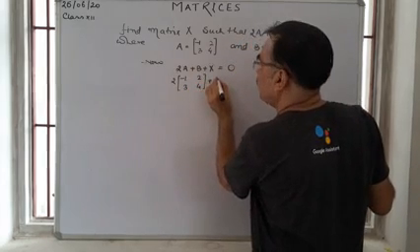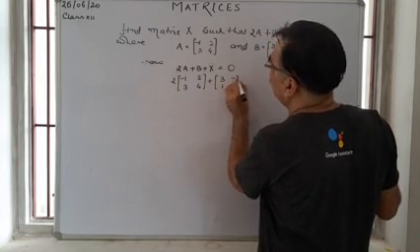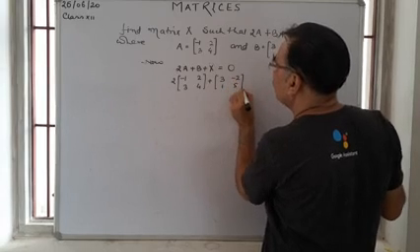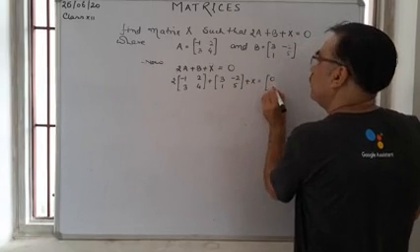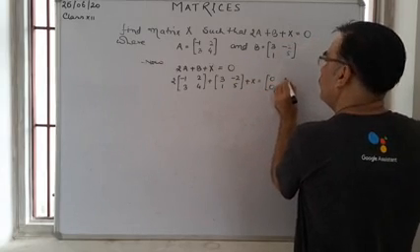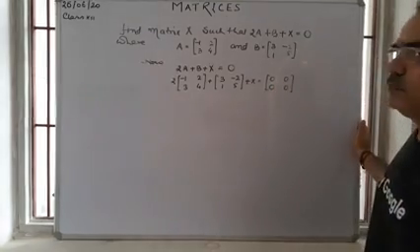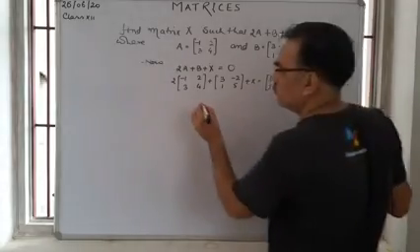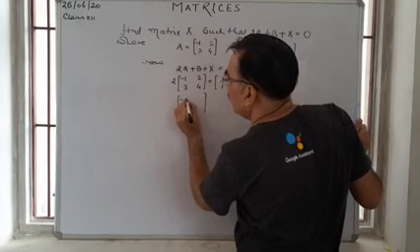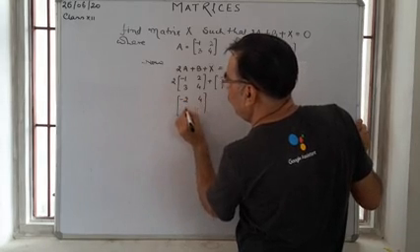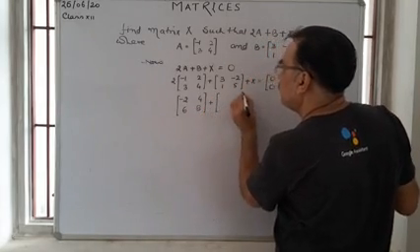B is what? 3, 1, minus 2, 5, plus X is equal to 0, 0, 0, 0.